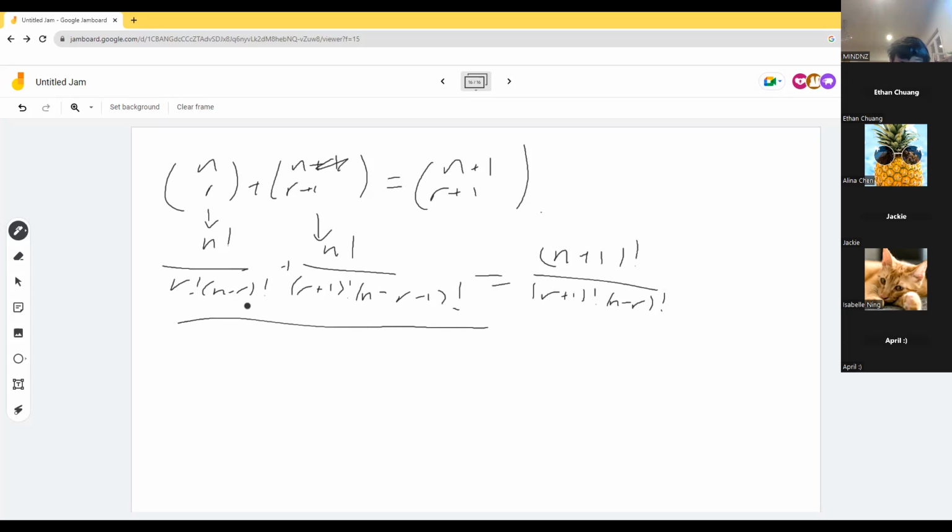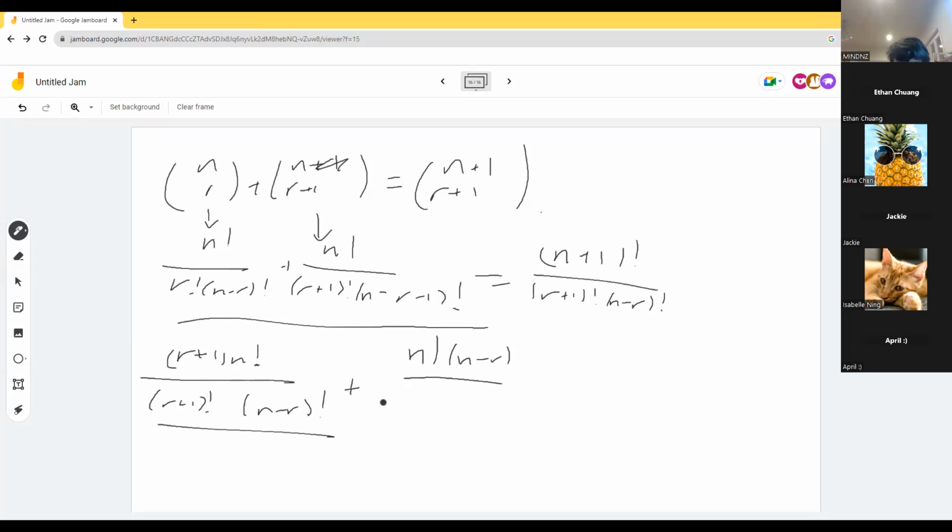To do that, we make them have the same denominator. So we get r plus 1 times n factorial over r plus 1 times r factorial times n minus r factorial, and that's just r plus 1 factorial times n minus r factorial, plus n factorial times n minus r over r plus 1 factorial times n minus r factorial.